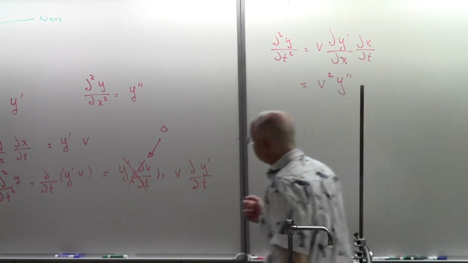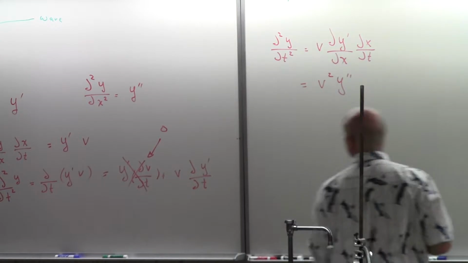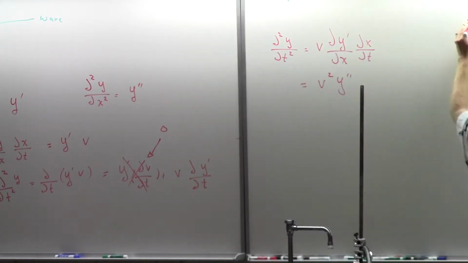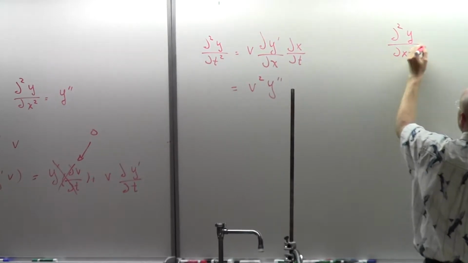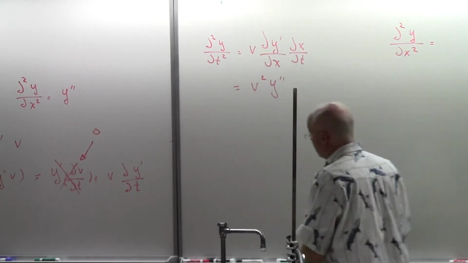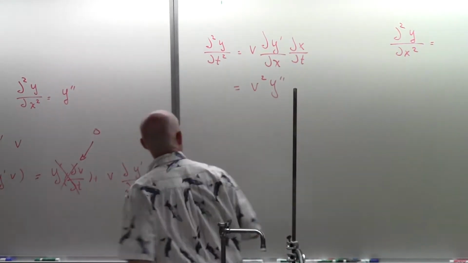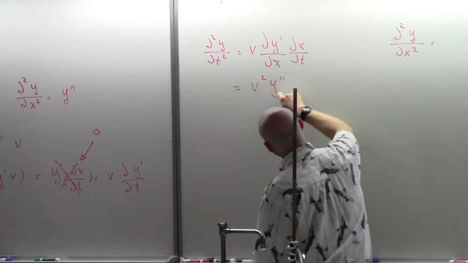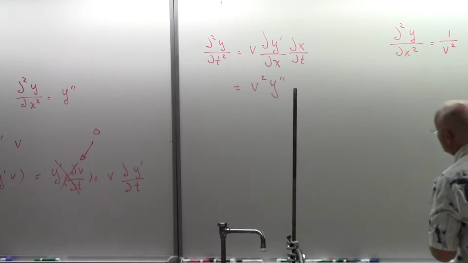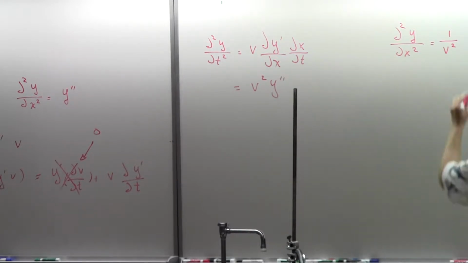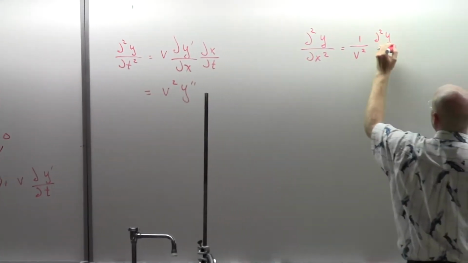And so what I have is the second derivative of the wave equation with respect to x is equal to y prime. Looking over here, that y prime would be 1 over the square of the velocity times the second derivative of the wave function.